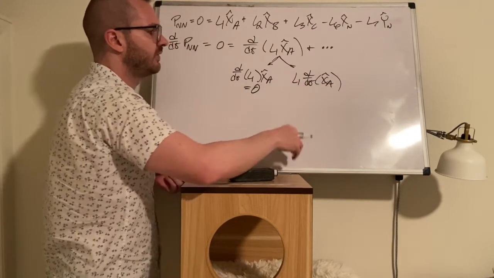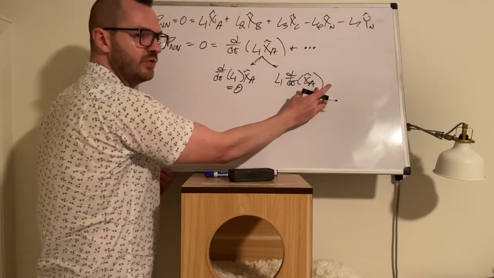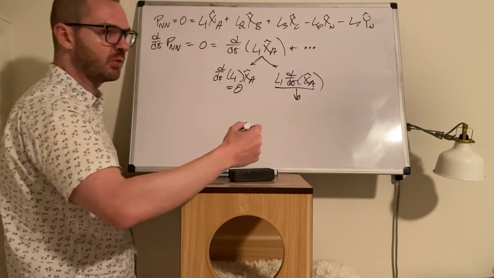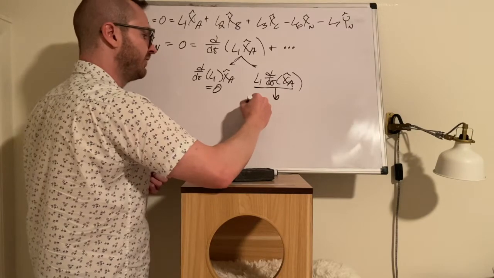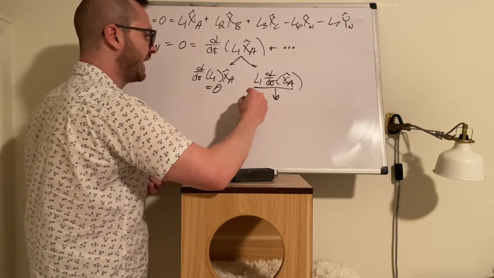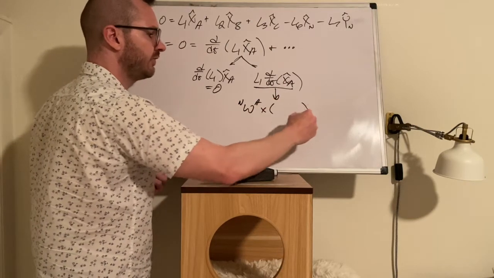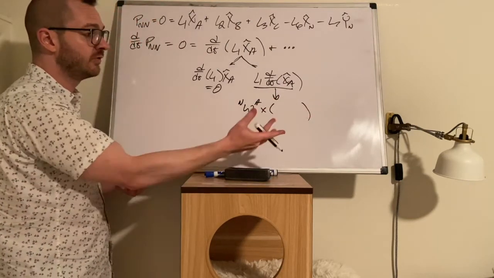And of course the second term now, we're taking ddt of a moving frame, which means we can replace this using transport theorem. Transport theorem has the same form every time. It's the angular velocity of the frame you're taking the derivative of, cross some other vector. What vector do we use?